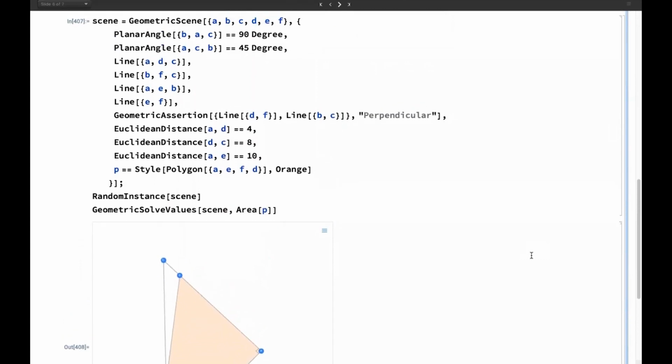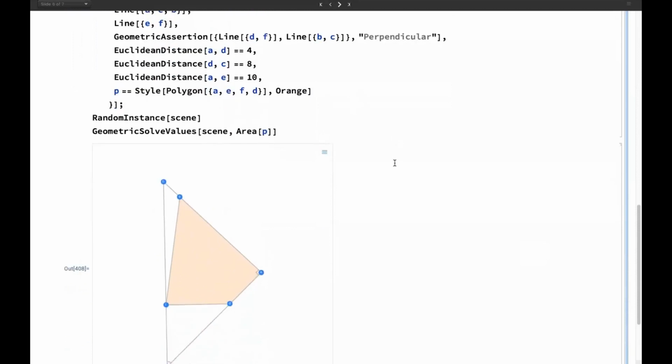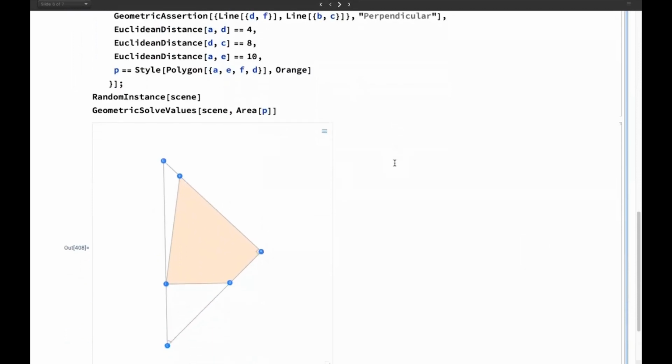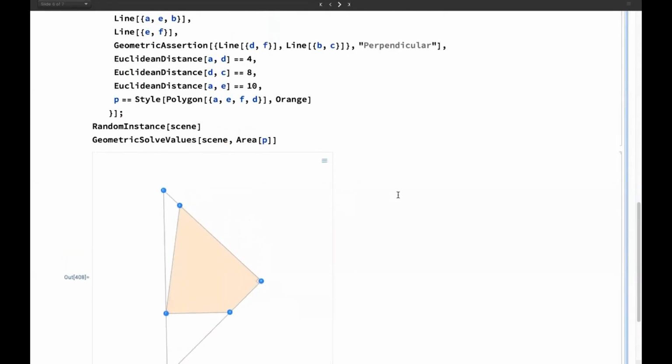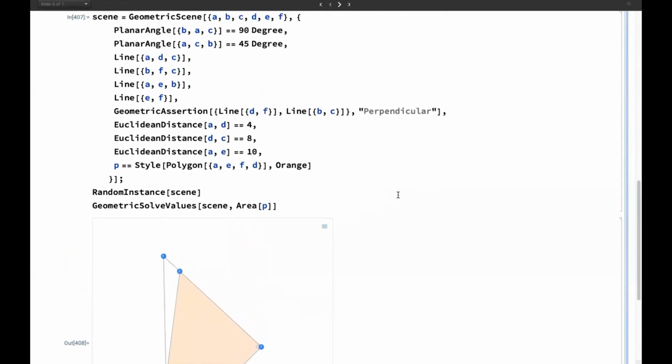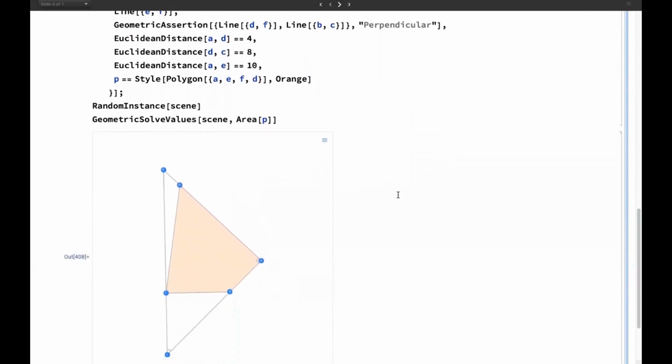We are given a couple angles and a perpendicular relationship between two lines and a few distances, and we want to find the area of this polygon P. And so again, I encourage you to go back to this slide and see if you can work it out on your own.